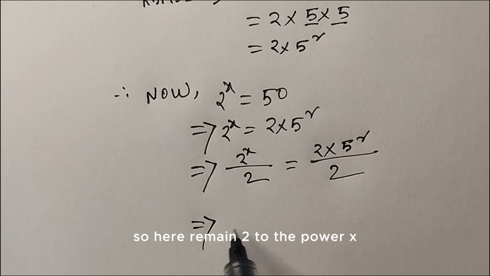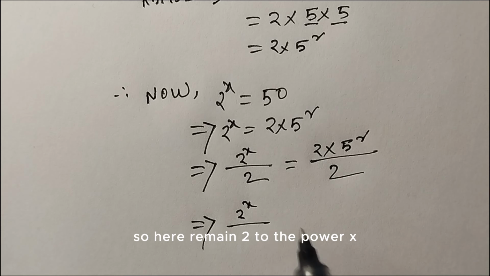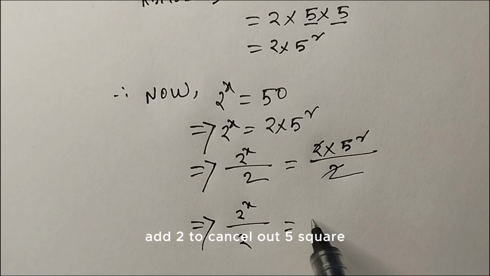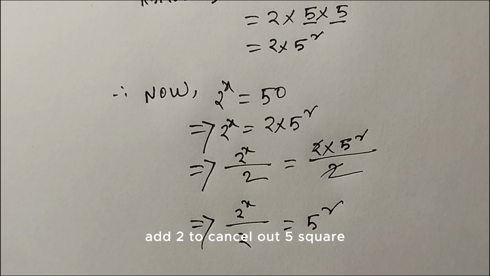So here remains 2 to the power x divided by 2. Here the 2 cancels out, leaving 5 squared.